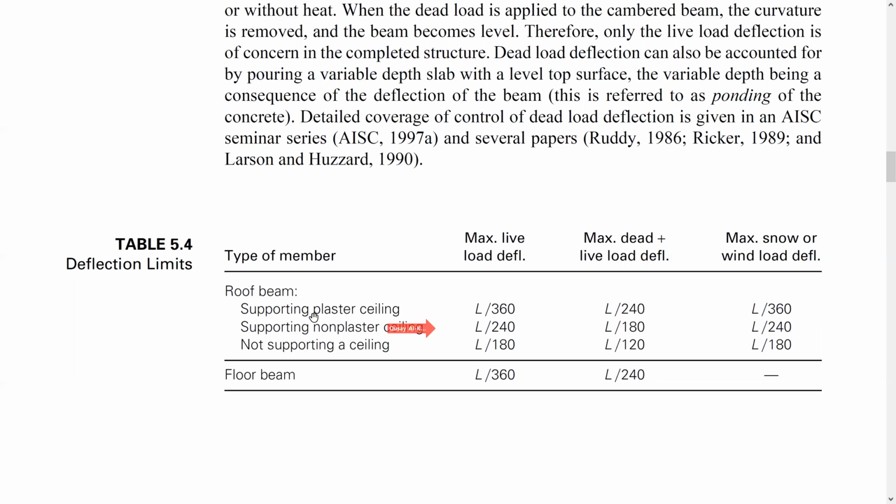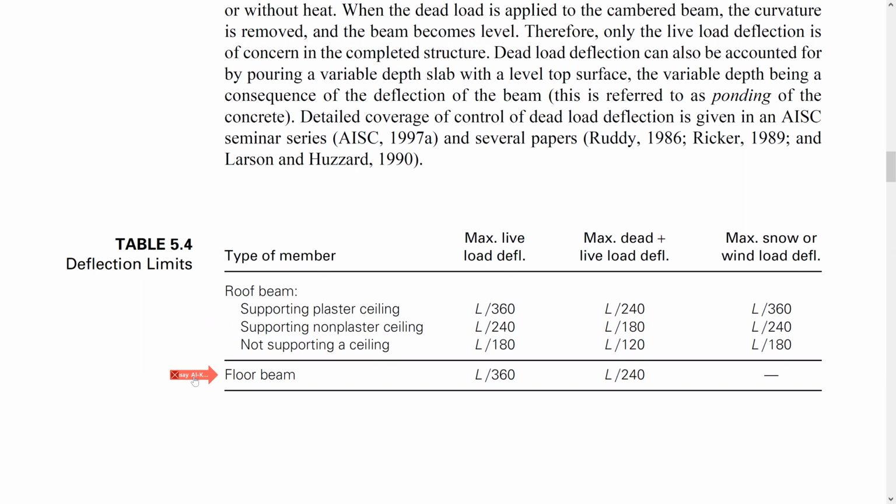So here is the type of member, roof beam. Let's say supporting a plaster ceiling, the maximum live load deflection should be L over 360. And we have different cases. We will solve an example right now and show how we use the deflection limits.